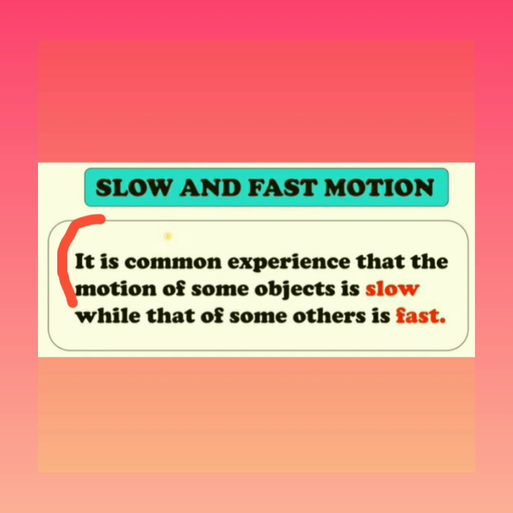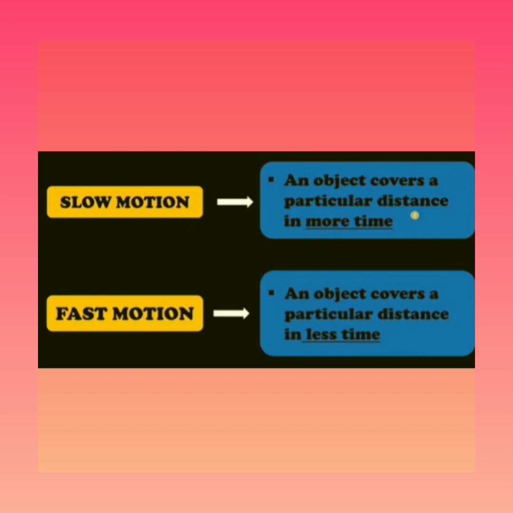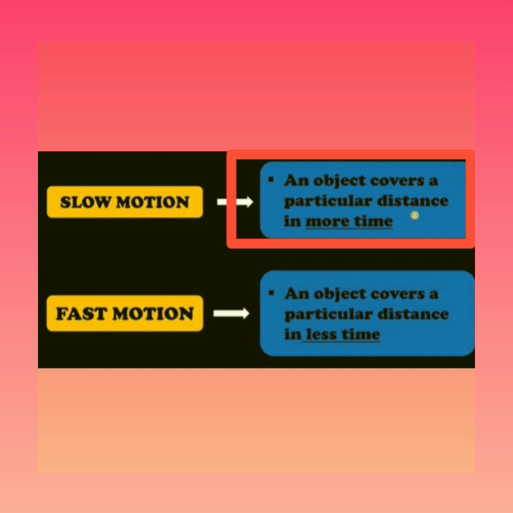If you are running with your friend, maybe you are slow in running or maybe your friend will be slow. So slow motion is when an object covers a particular distance in more time. Fast motion is when an object covers a particular distance in less time.